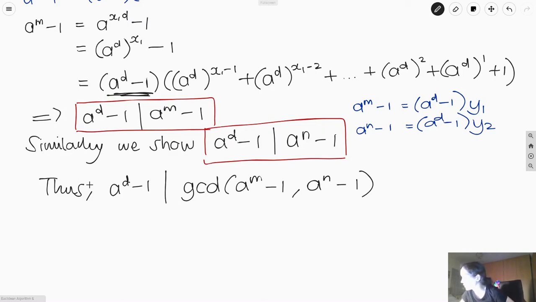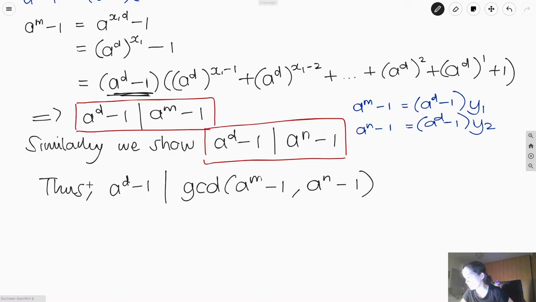So you can think of it as, the GCD of a to the power of m minus 1 and a to the power of n minus 1 is going to be a to the power of d minus 1 times some other integer, which you can take out of y1.